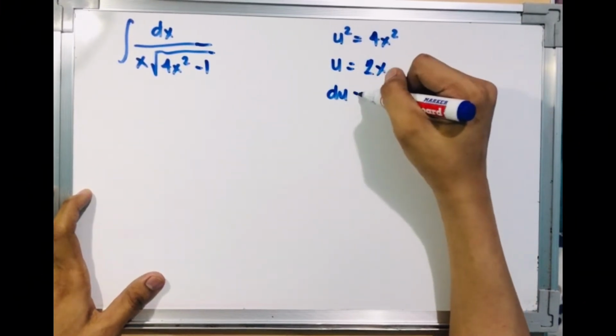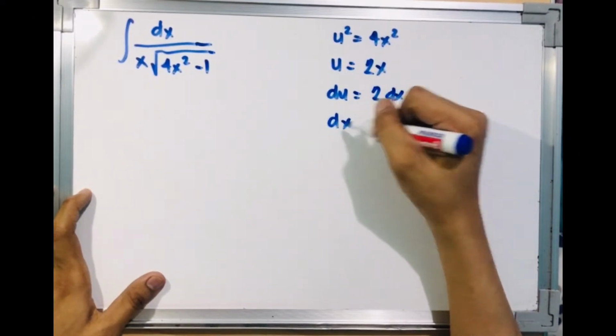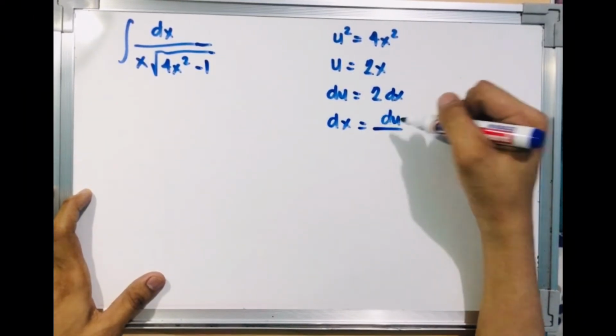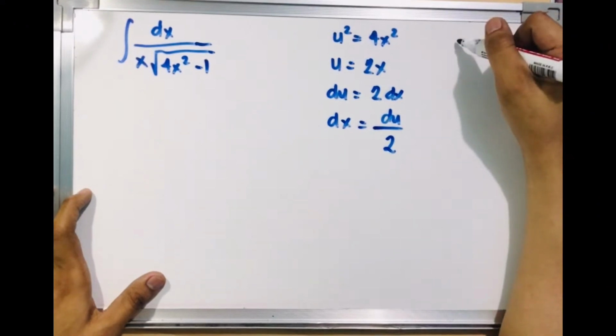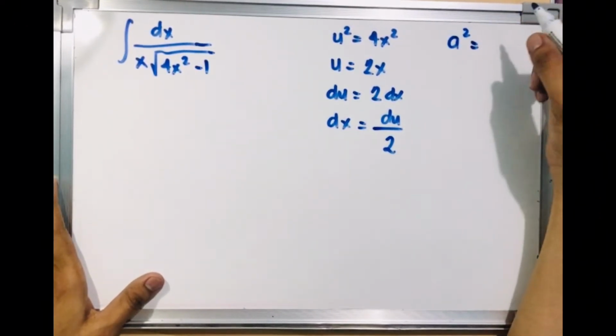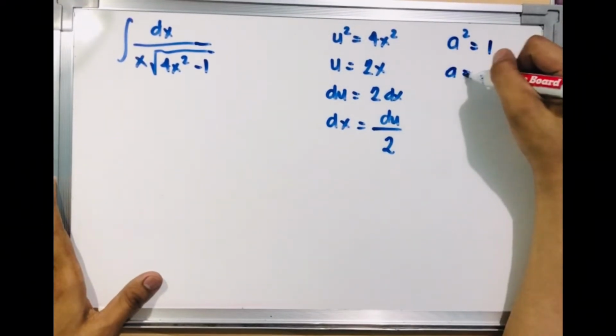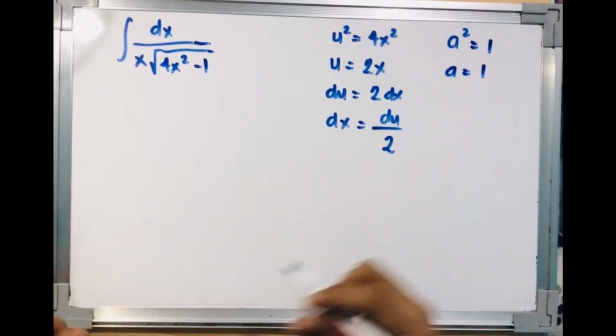Our du is equal to 2 dx, and our dx is equal to du over 2. So let's set up naman yung ating a squared. And our a squared in this example is 1. And our a is equal to square root of 1, is still 1.